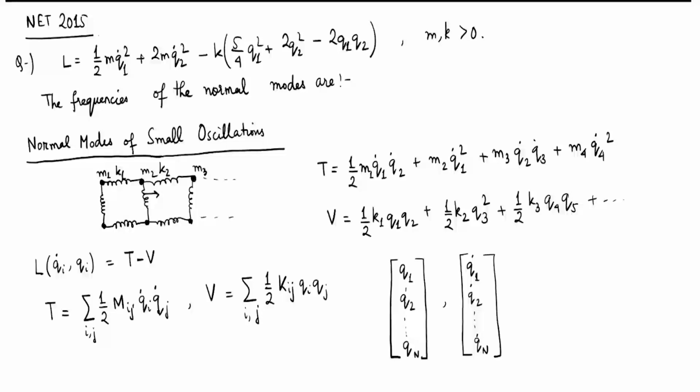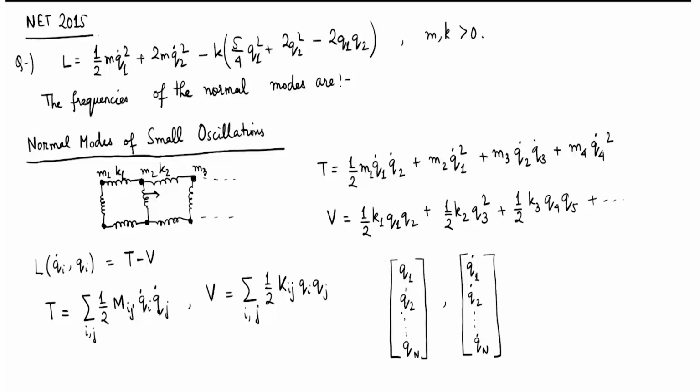So now the total kinetic energy in terms of these vectors can be written as T equals half. I name this column matrix as the Q matrix, and this as the Q dot, the velocity matrix.